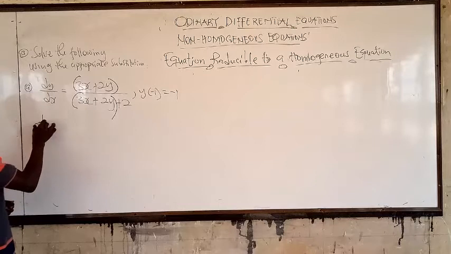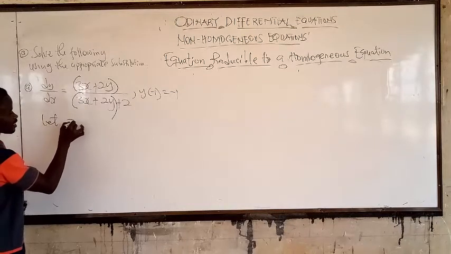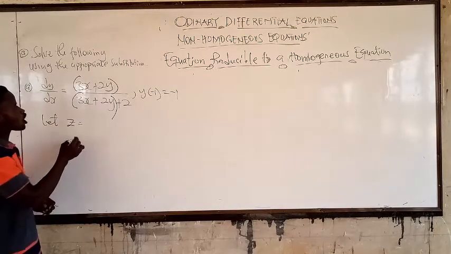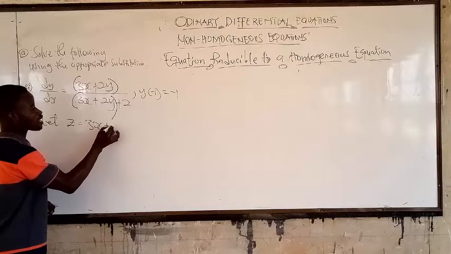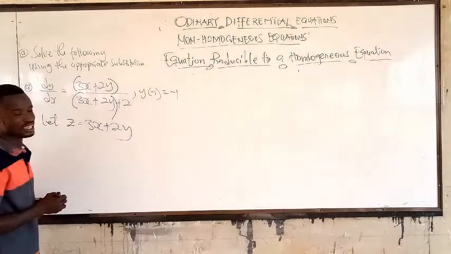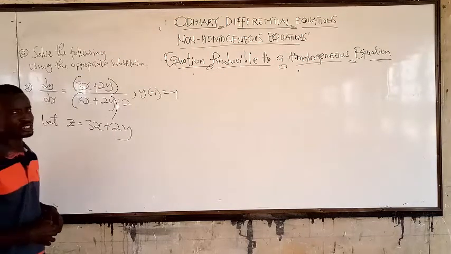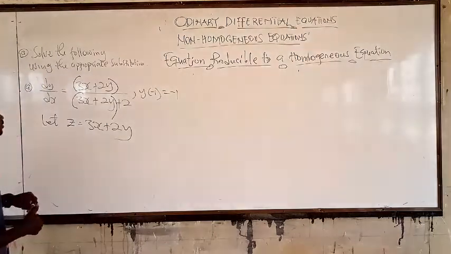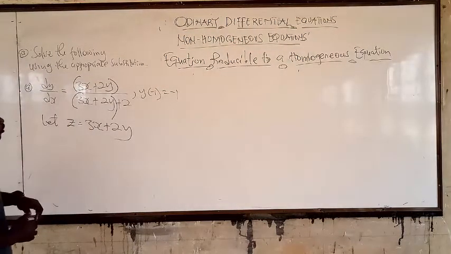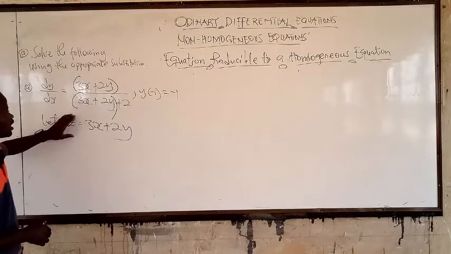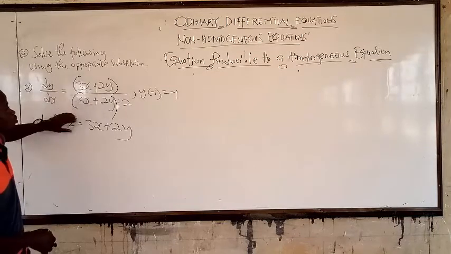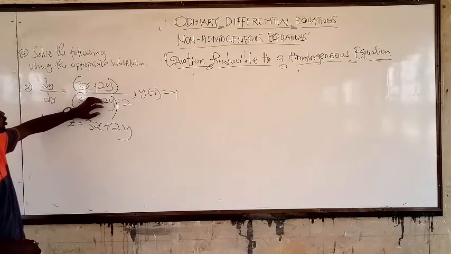So we let z be equal to 3x plus 2y. Before you do the substitution, you have to do something. You know that wherever you see this, you are going to put z there.